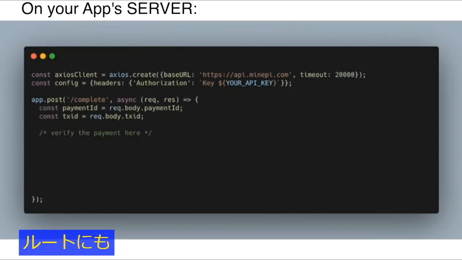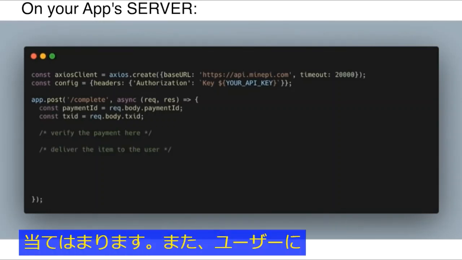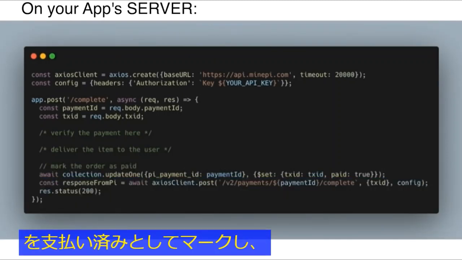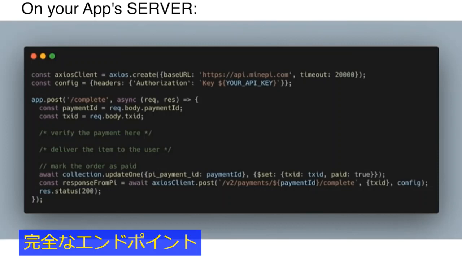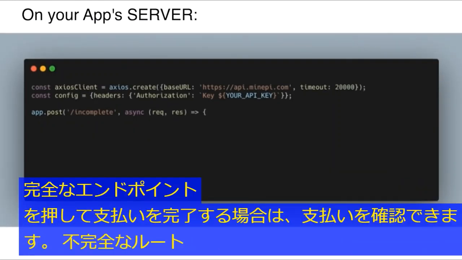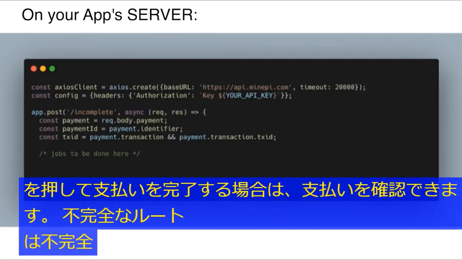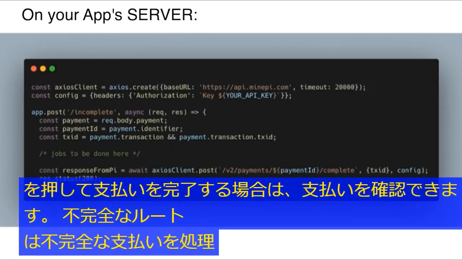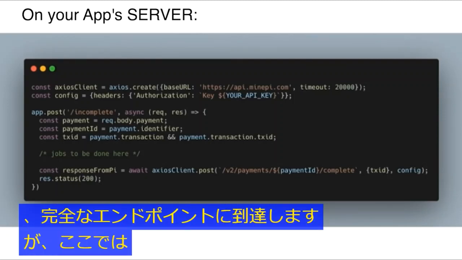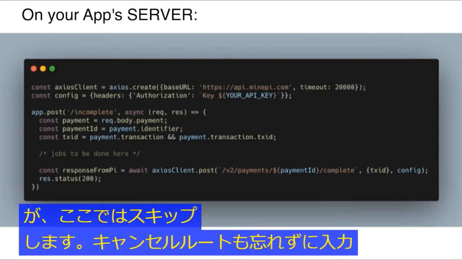You can verify the payment if you want, deliver the item to the user, mark the order as paid, and complete the payment by hitting the complete endpoint. We shouldn't forget the incomplete route. Process the incomplete payment and hit the complete endpoint. Although I'm skipping it here, don't forget to handle the cancel route as well.